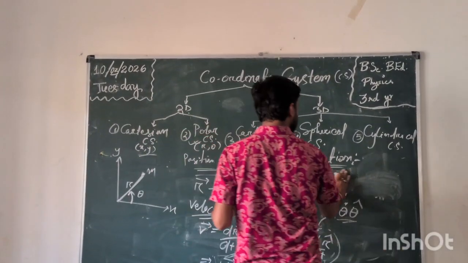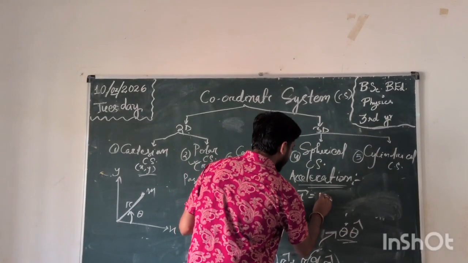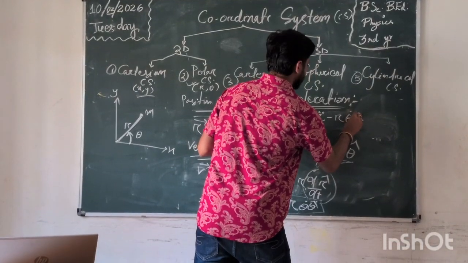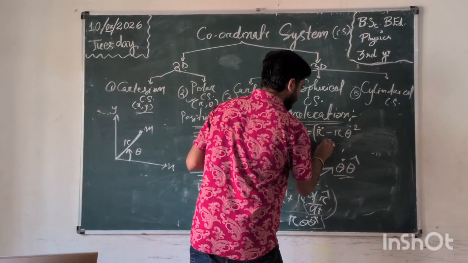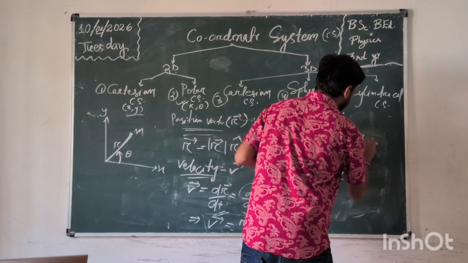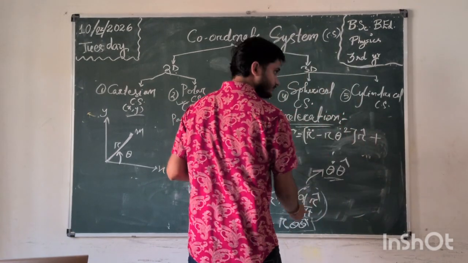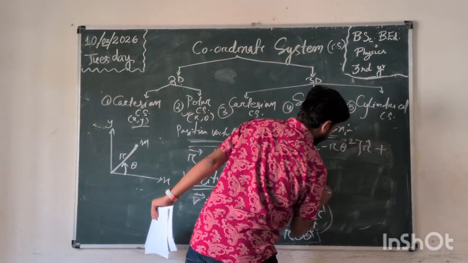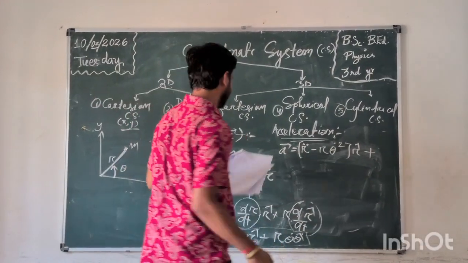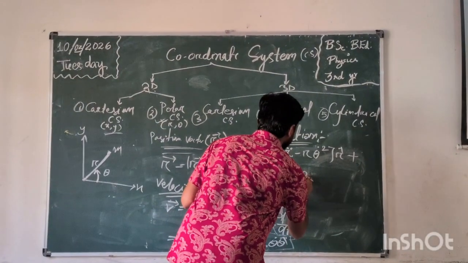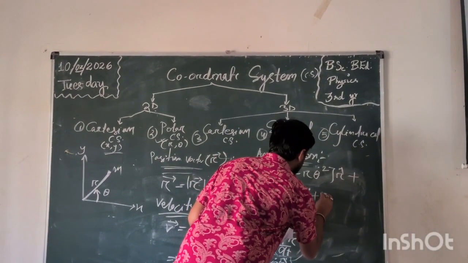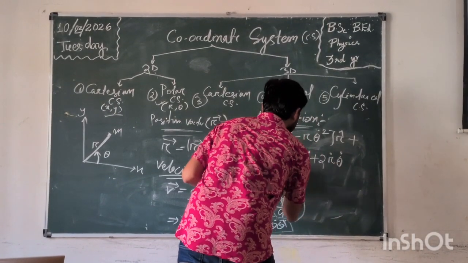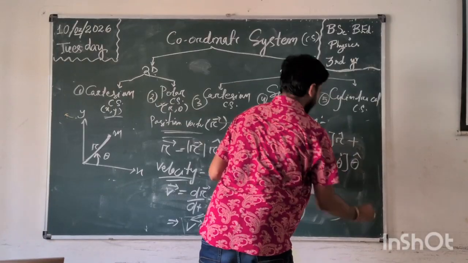So the final expression is r double dot minus r theta dot square into r cap, plus another remaining term, r theta double dot plus 2 r dot theta dot into theta cap.